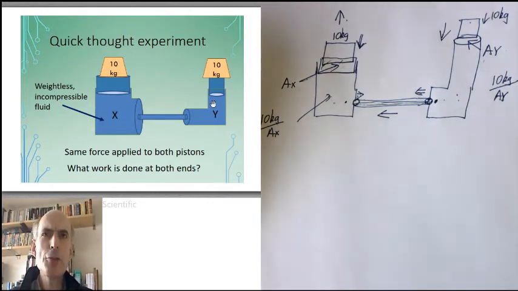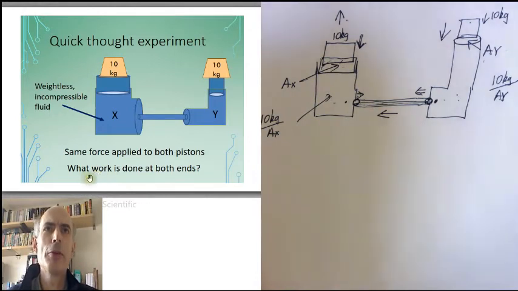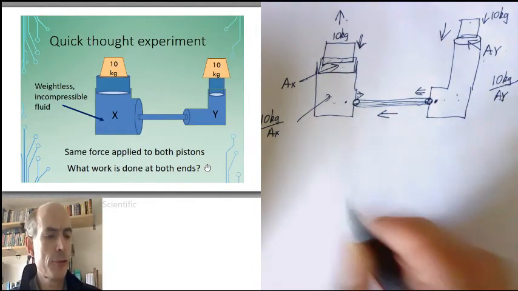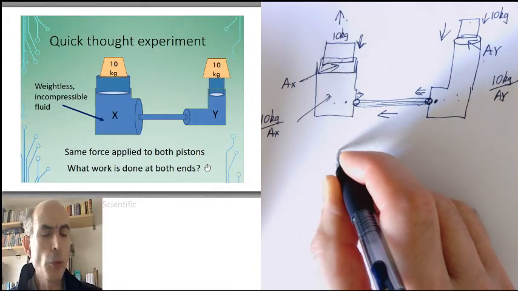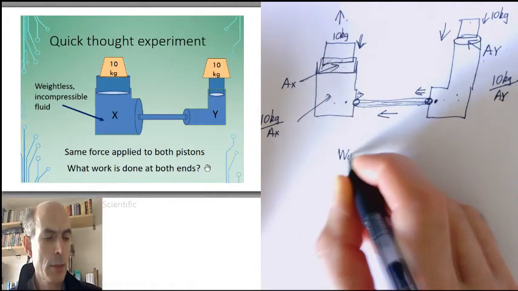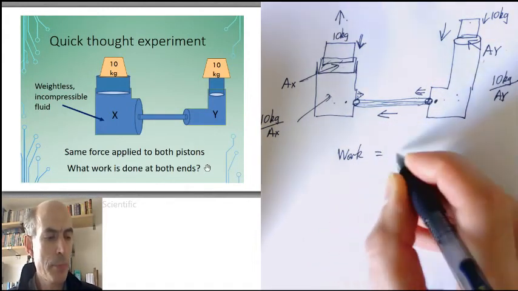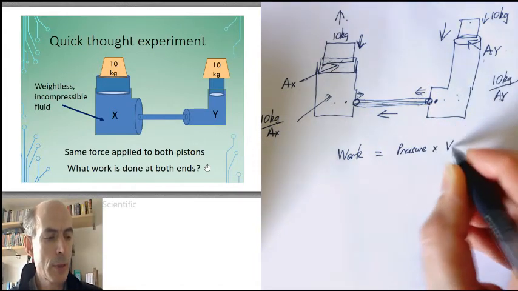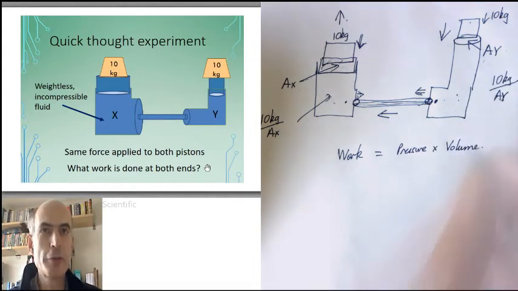One interesting point about this experiment: what about work and energy? Well, we've just derived this formula that the work done is the pressure times the volume of fluid that's moved.